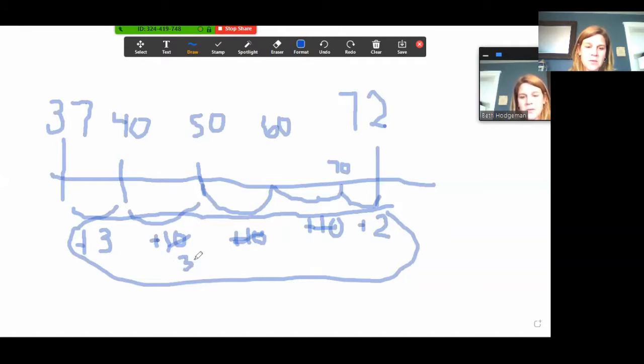So 30 plus 5 equals 35. Between 37 and 72, I rode 35 miles.